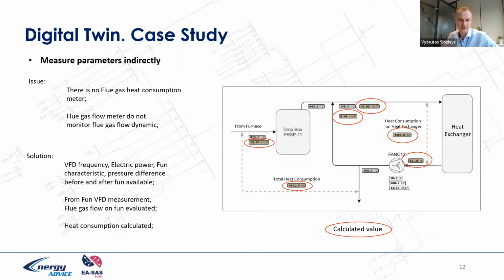And because we understand flue gas density and enthalpy, we were capable of calculating real-time online heat consumption. So flue gas is coming from the furnace to the heat exchanger, with some recirculation for temperature control, and flue gas output. Energy consumption on the flue gas consumer was calculated in real time, and no additional flow meter is required.